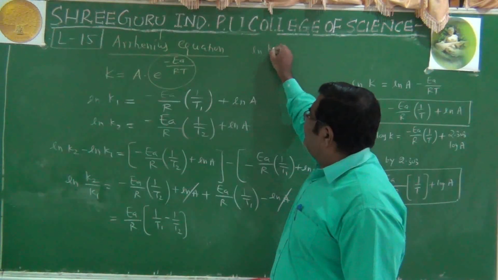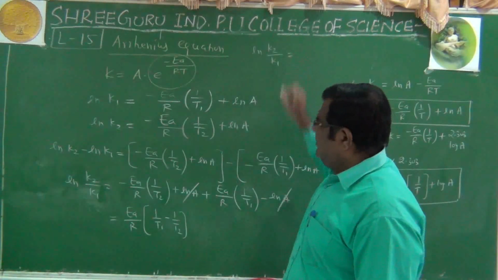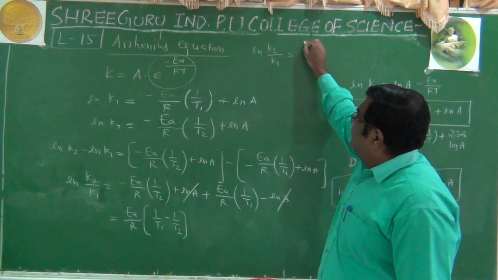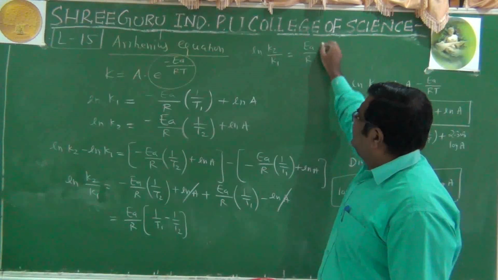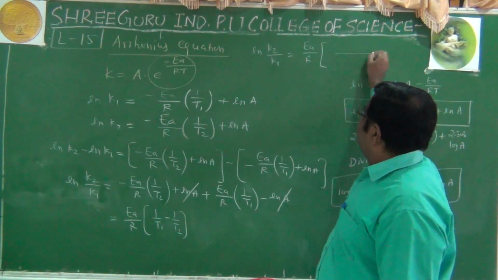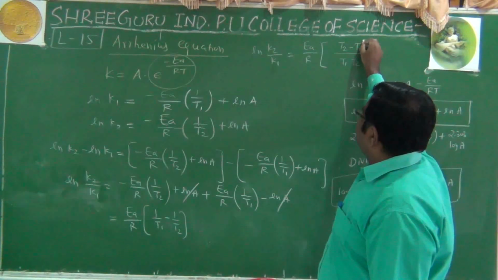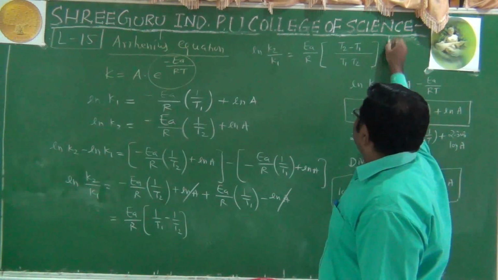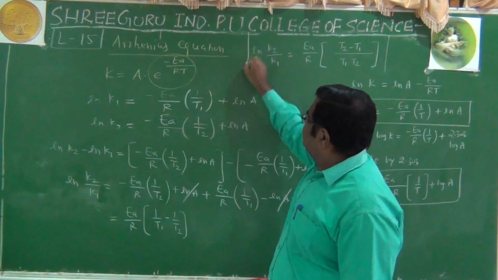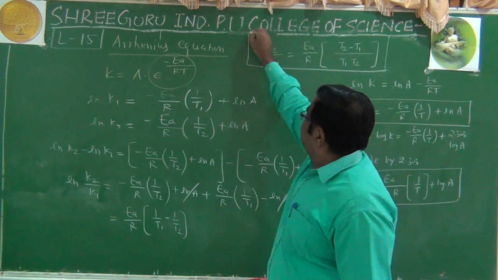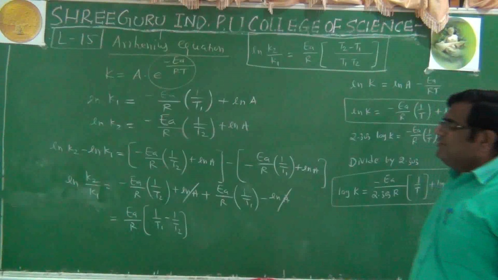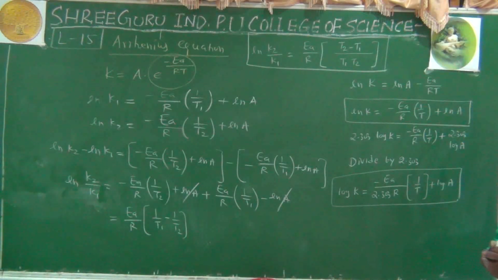The natural log of K2 by K1 equals EA by R, T2 minus T1 by T1 into T2. This is the third form of equation we have obtained.